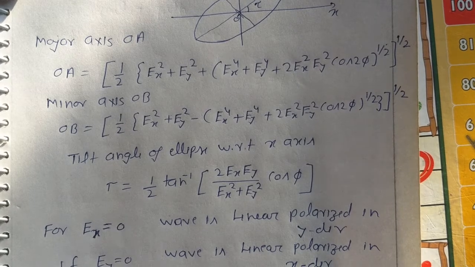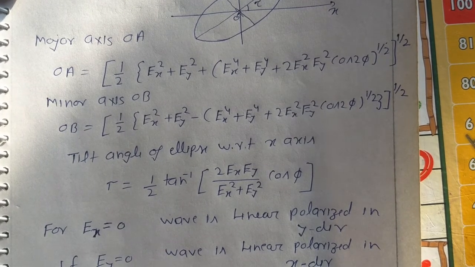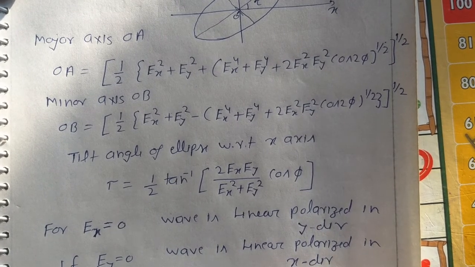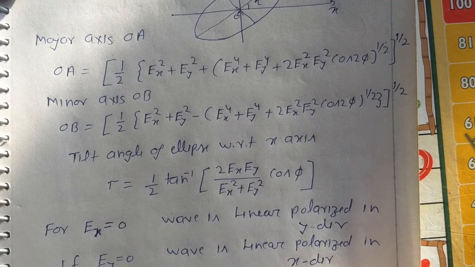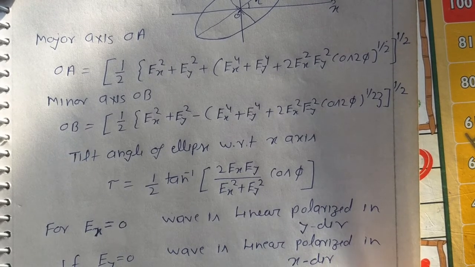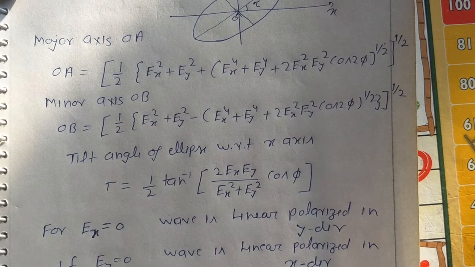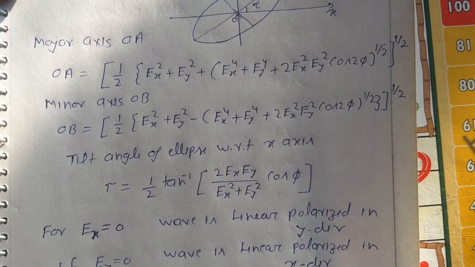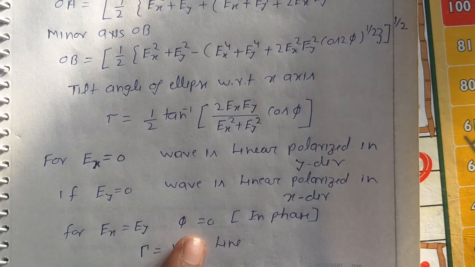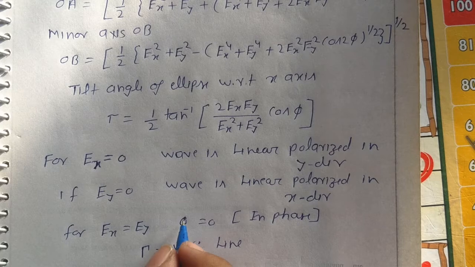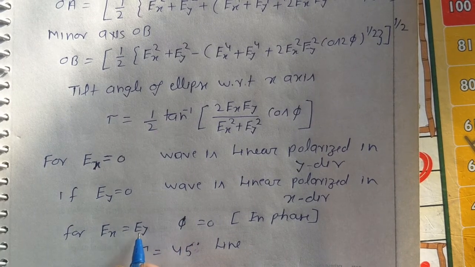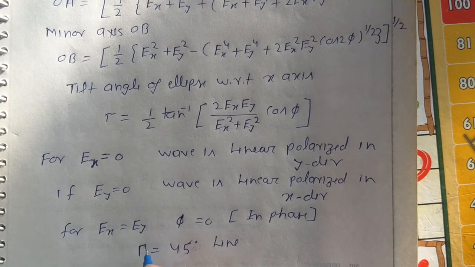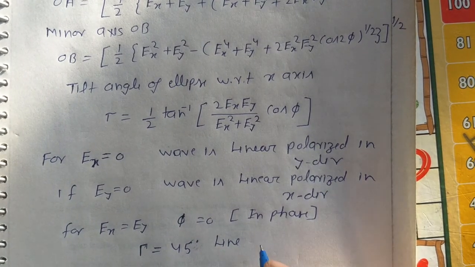For Ex equal to Ey and phi equal to 0, in phase, gamma equal to 45 degrees, linear polarized wave. If the phase difference is 0 and the magnitudes are the same, then the wave is linear polarized, but the angle of polarization is 45 degrees.